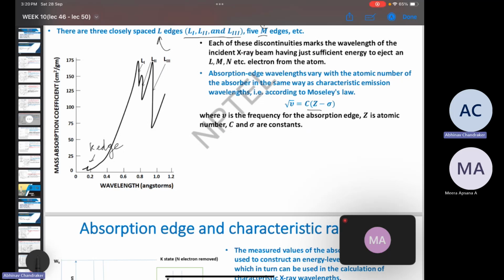The higher the atomic number, the more positively charged the nucleus is, and the more is the binding energy of the electrons. So it is understandable that as the atomic number increases, X-rays of higher energies are required to knock out the electrons, and as a result, the absorption edge will change as you change the atomic number of the specimen.